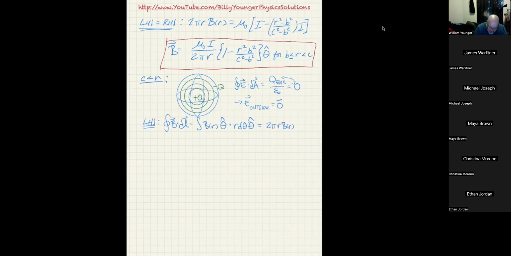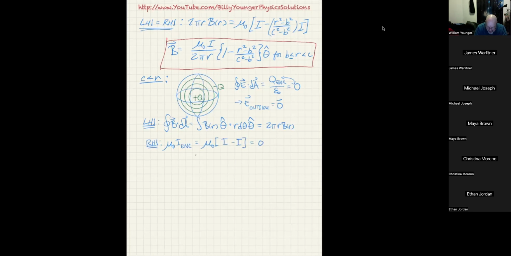Now the right-hand side, which equals mu 0 I enclosed, is equal to mu 0 times I from the inner one, and then minus I from the outer one, which gives me 0.